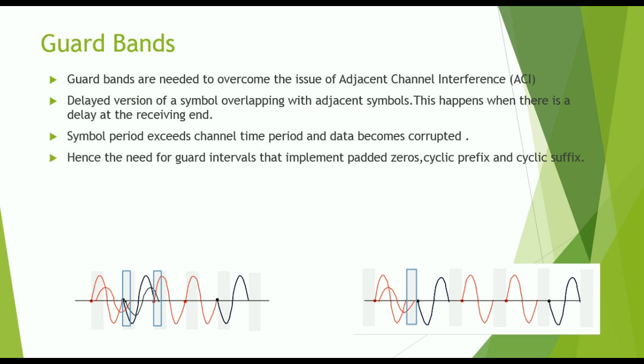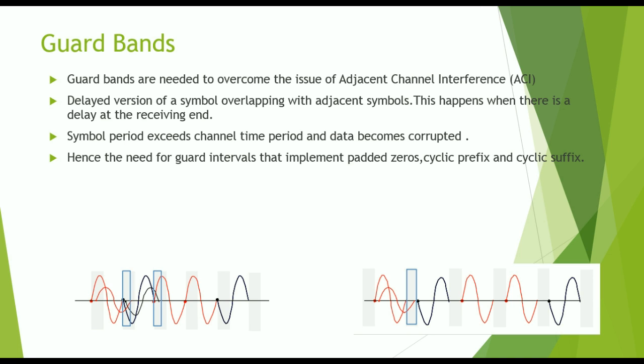Now, what are guard bands and why do we need them? Guard bands are needed to overcome the issue of adjacent channel interference. Again, this happens when there is a delay at the receiver while a new set of data starts coming in through the transmitter.